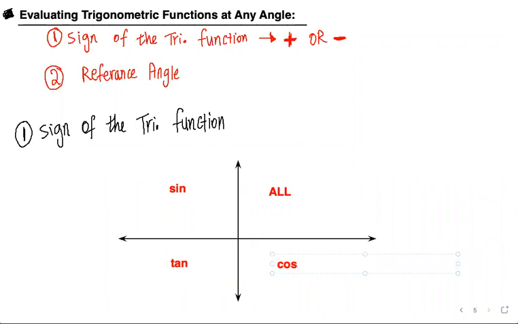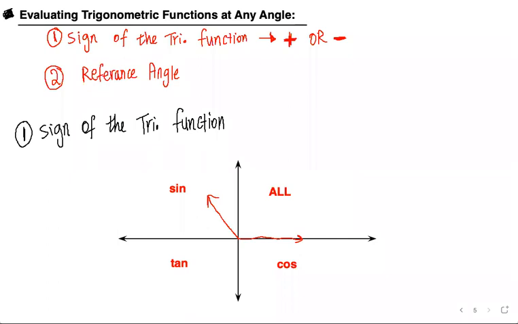I mean, my angle always starts from the standard position. Standard position, like I said, is the positive x-axis with the vertex at the origin, like this. Suppose my angle is something like this.